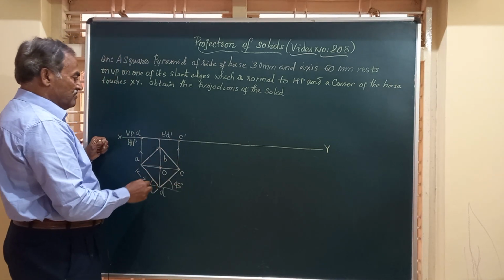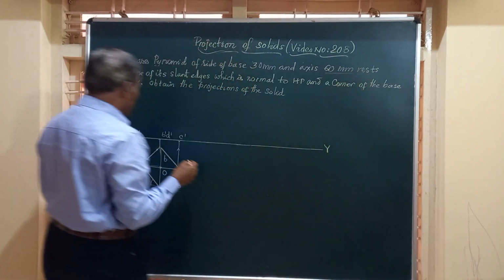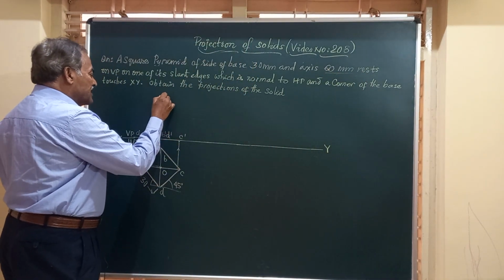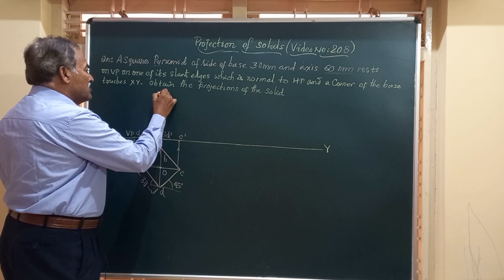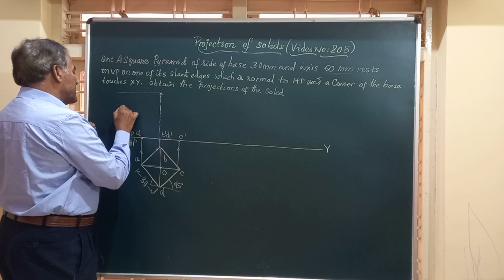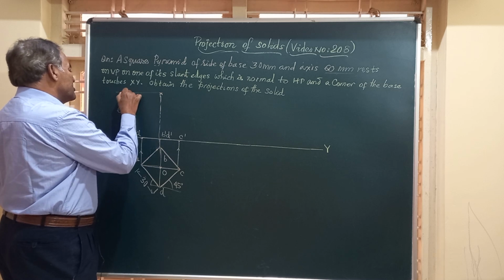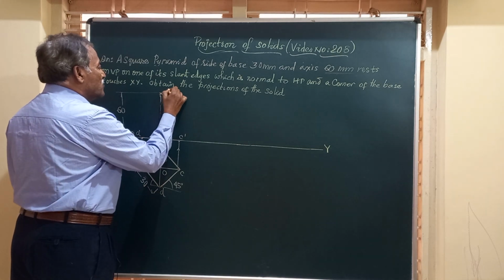Friends, the height of the solid is given to be 60 mm, and I draw a vertical line through this point taking a height of 60 millimeter. 60 mm I will take here, and I will mark this point as O dash.